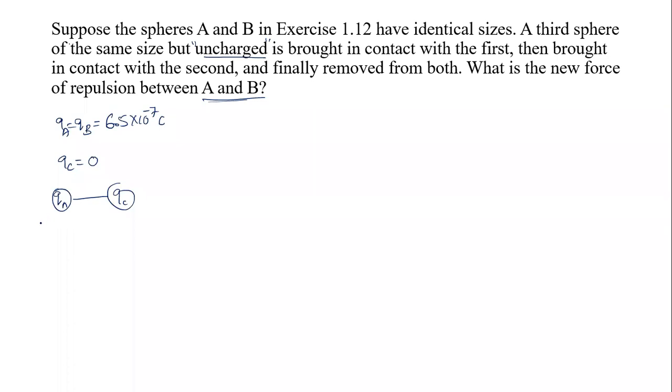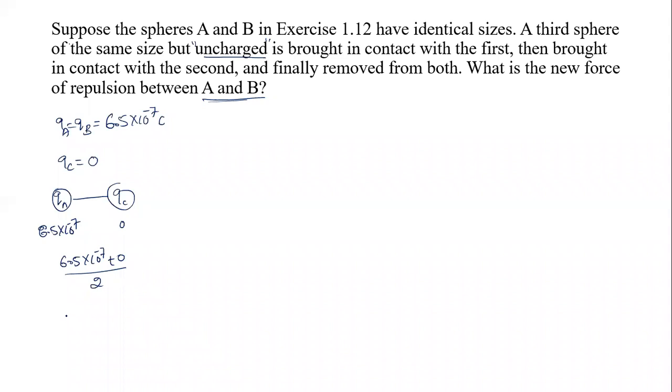So the initial charge on QA is how much now? 6.5 × 10^-7. QC is how much? 0. So what does the net charge become now? It will become (6.5 × 10^-7 + 0) divided by 2, because they are going to achieve equilibrium.